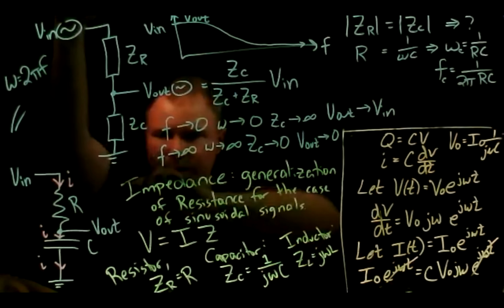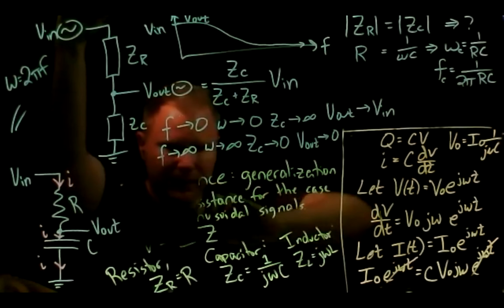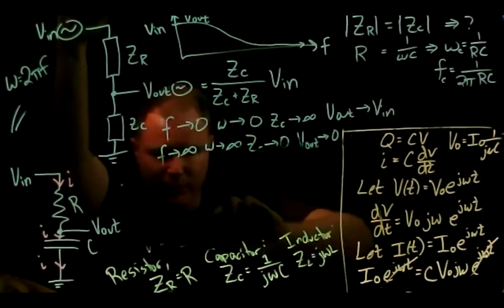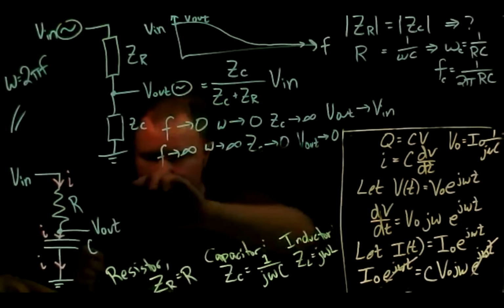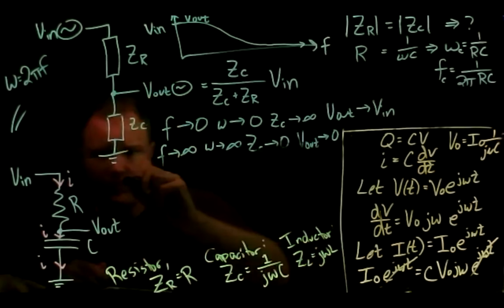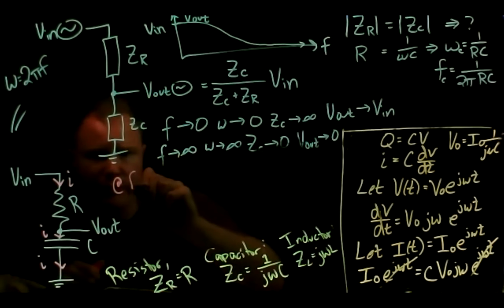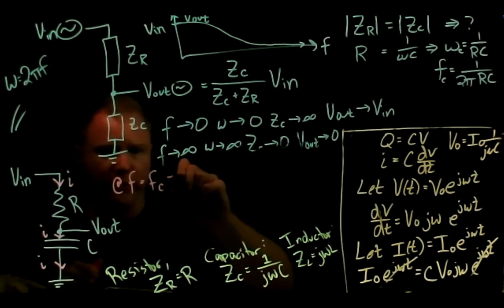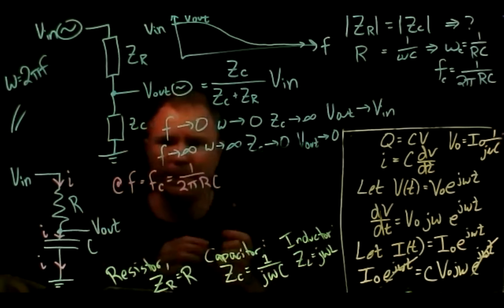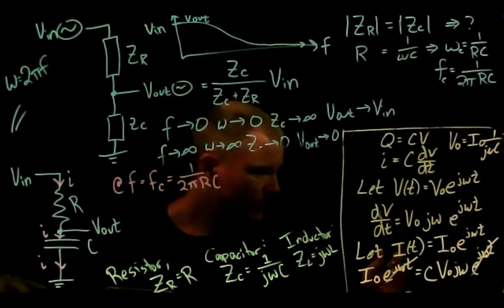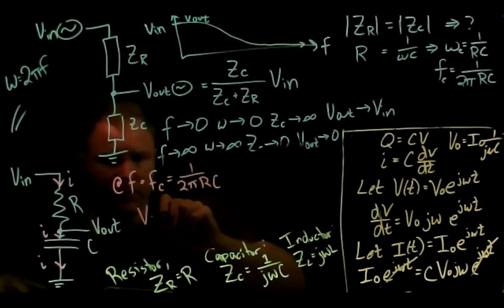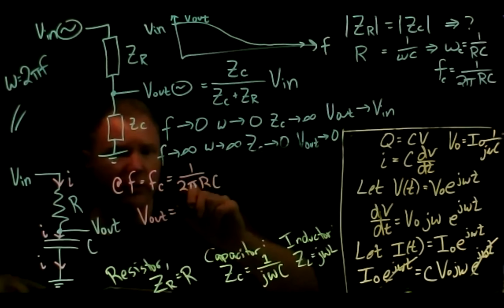Let me get rid of all this stuff here. So this will be the last thing I do before I set you off on your lab. So let's see, at the corner frequency, when f equals the corner frequency, or 1 over 2 pi RC, what that means is that we have V out equal.